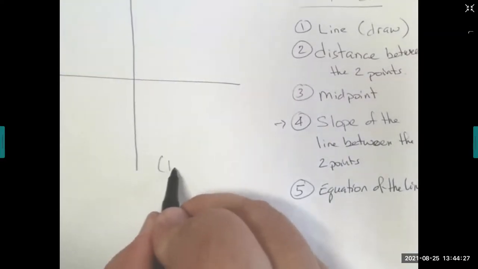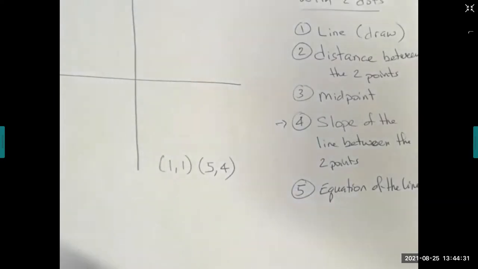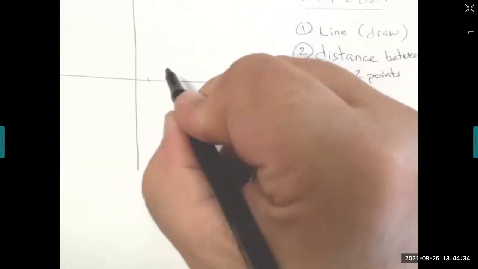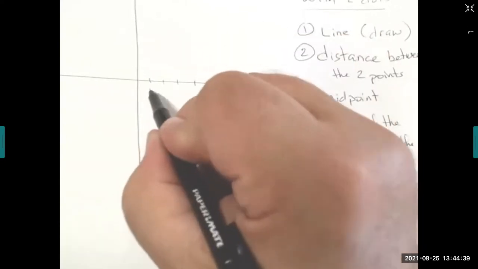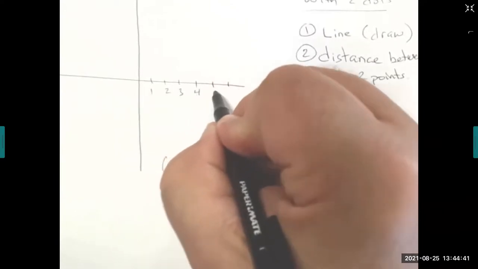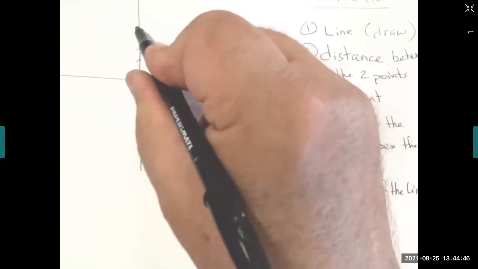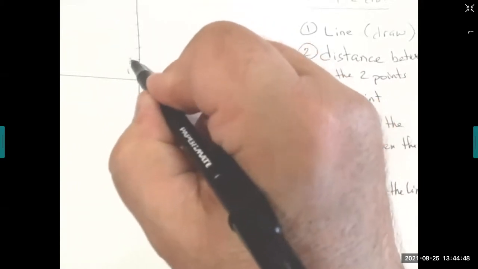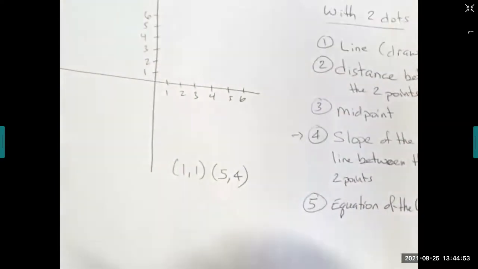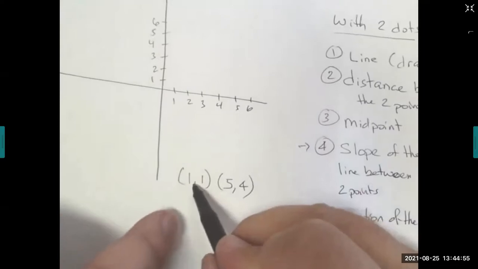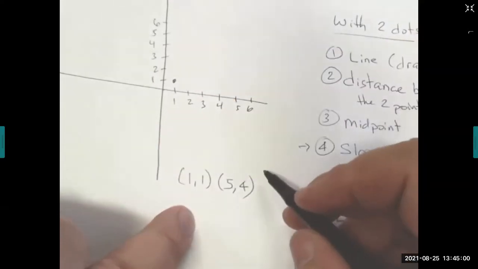Let's say I gave you 2 points, 1, 1 and 5, 4. So I label my graph and plot the points. So I plot 1, 1. So starting from the origin, go over, up. There's my first dot.